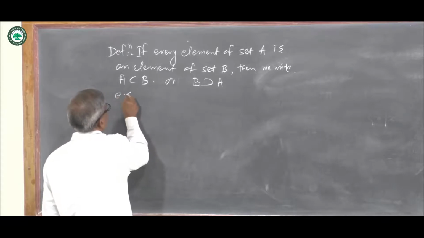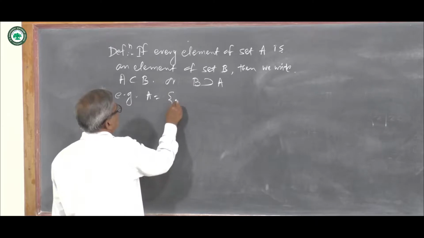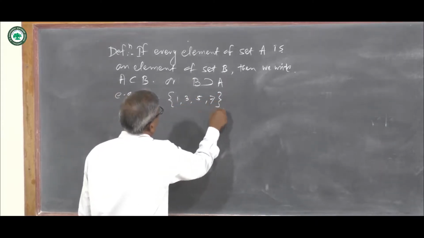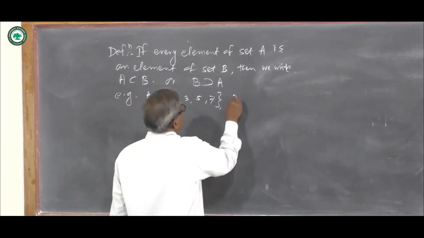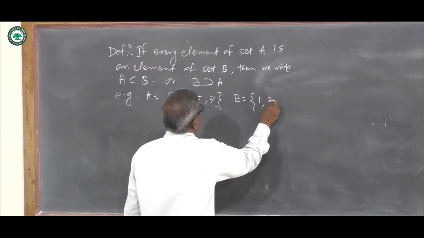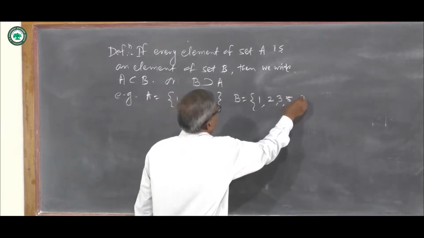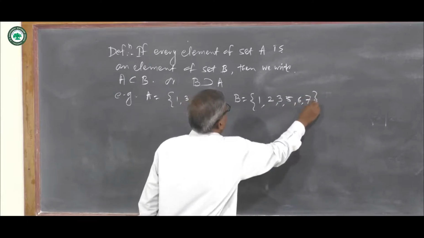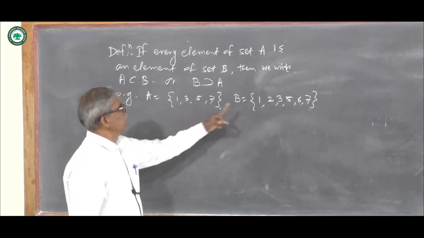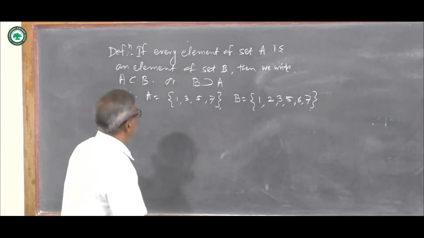For example, capital A is equal to {1, 3, 5, 7}. Capital B is the set of all {1, 2, 3, 5, 6, 7}. Each element of A, 1 is there, 3 is also there, 5 is there, 7 is there.